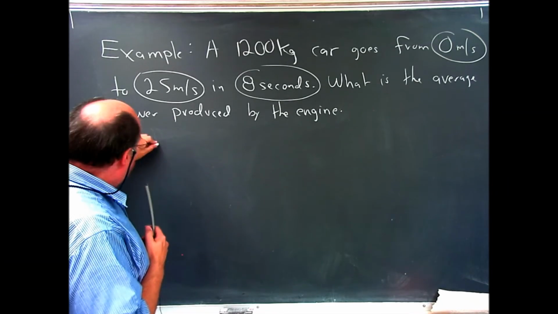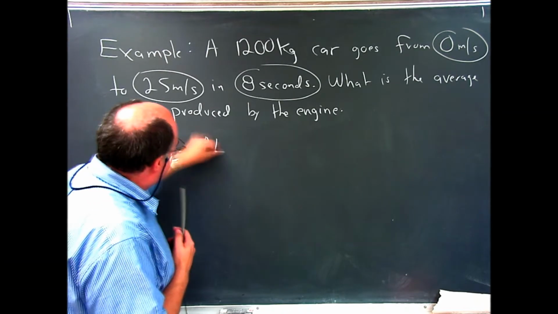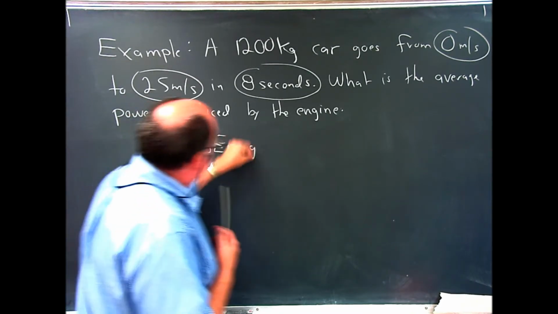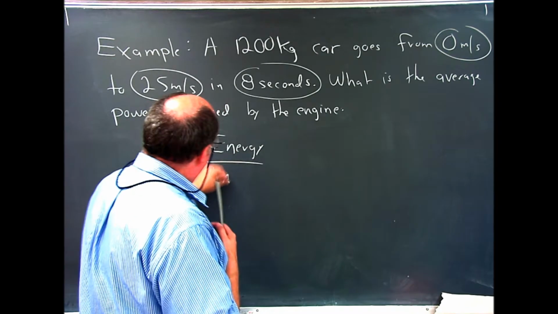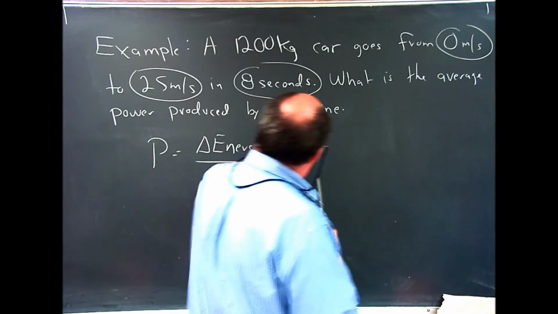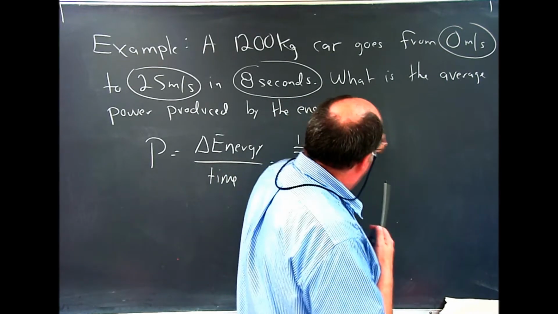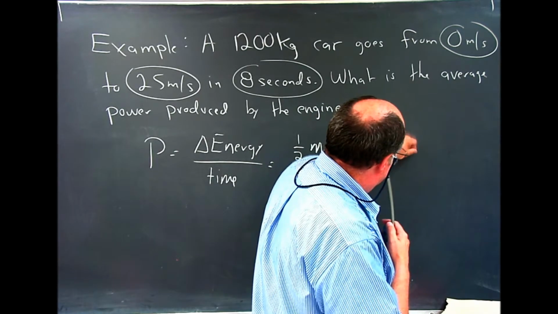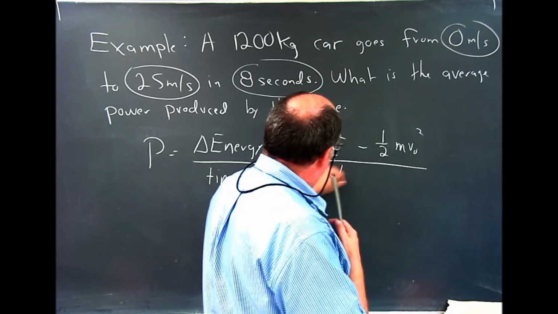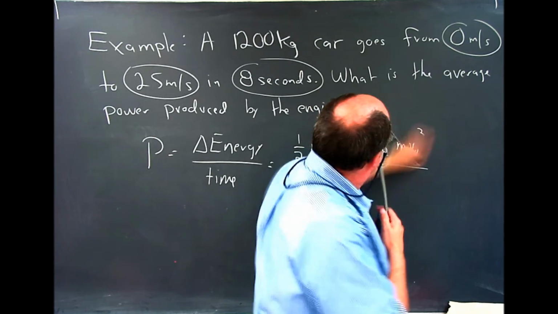Okay, so the way I want to do it is power is the change in the energy over time, which would equal 1/2 m v final squared minus 1/2 m v initial squared, over the time. The initial speed is 0, so that goes out.